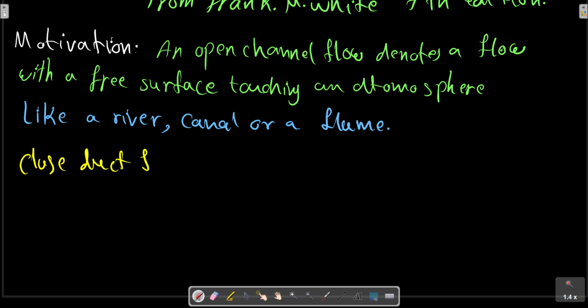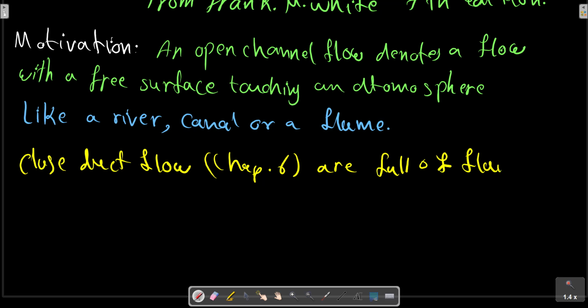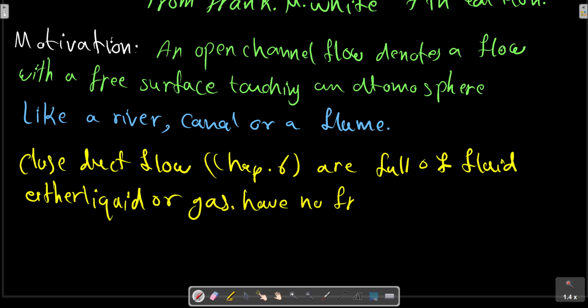Closed duct flows, Chapter 6, are full of flow, either liquid or gas, have no free surface within, and are driven by pressure gradient along the duct axis.